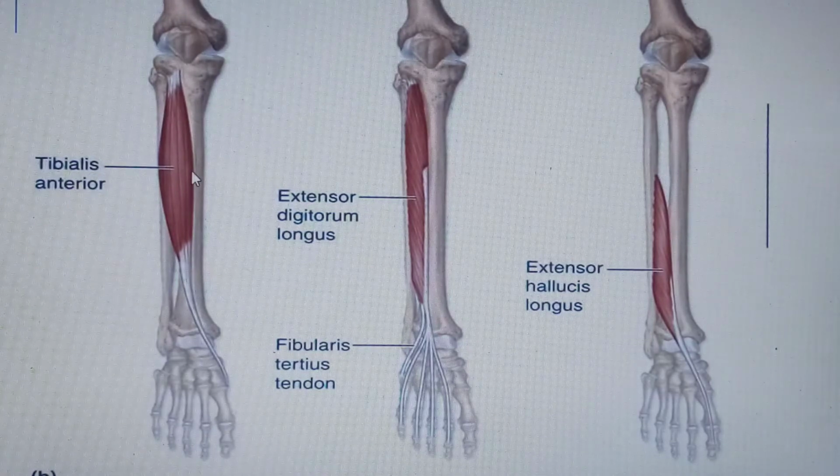Of course, the name tells us it's going to run on the anterior surface of the tibia. We have a counterpart of this muscle, tibialis posterior, which will be part of the posterior compartment of the leg. Get to know that the tibialis anterior is the longest in the anterior compartment of the leg.